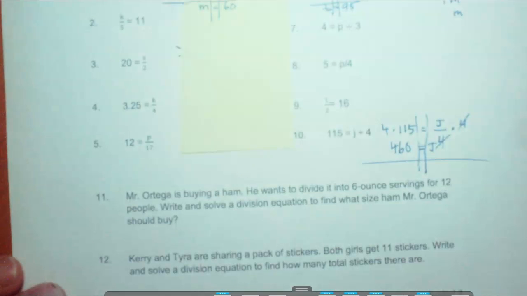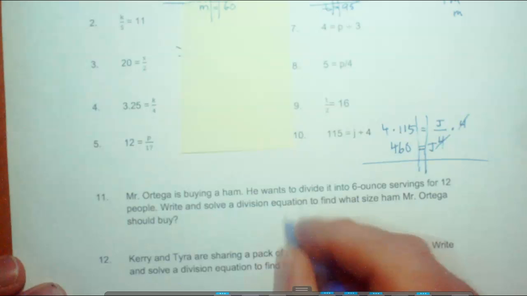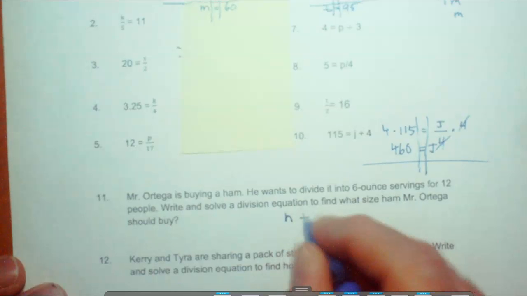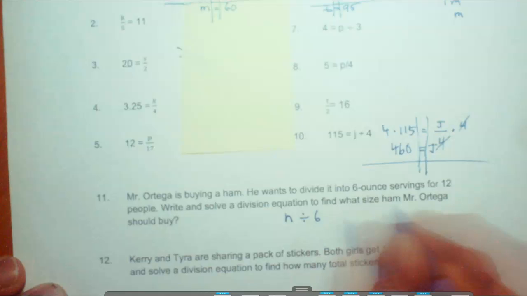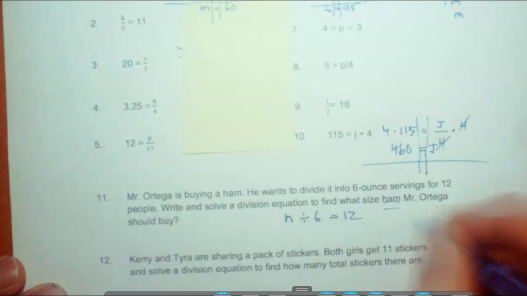All right, let's take a look at some of these word problems. Mr. Ortega is buying a ham. He wants to divide it into 6-ounce servings for 12 people. Solve an equation to find what size ham Mr. Ortega should buy. So first of all, let's write it the correct way. The ham divided by 6 equals 12.